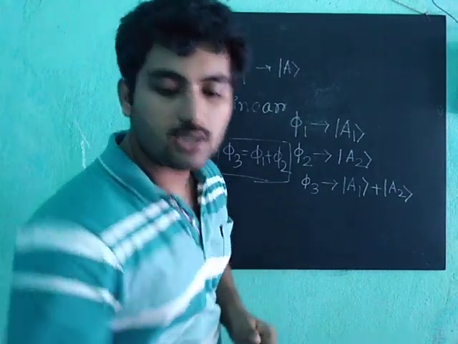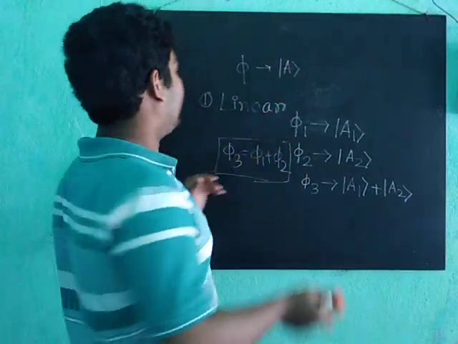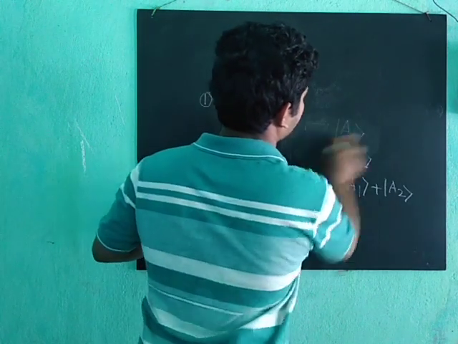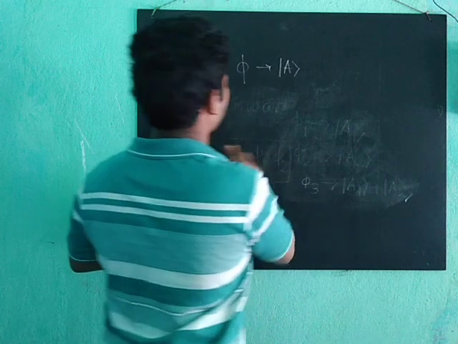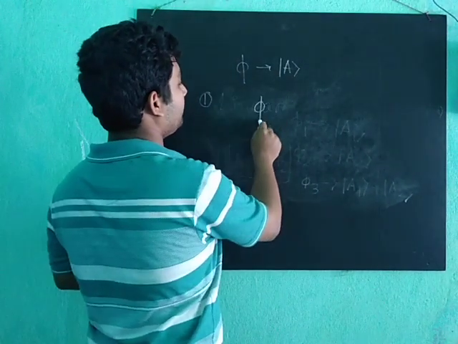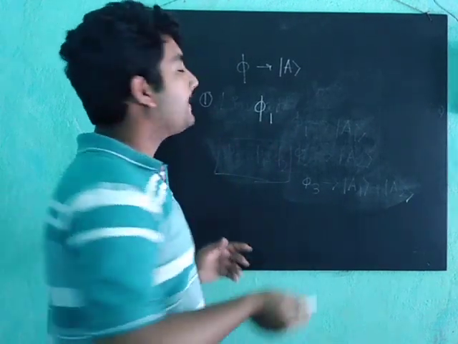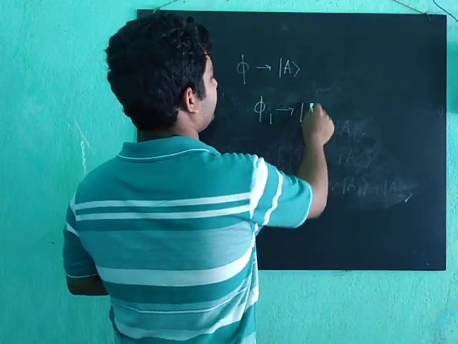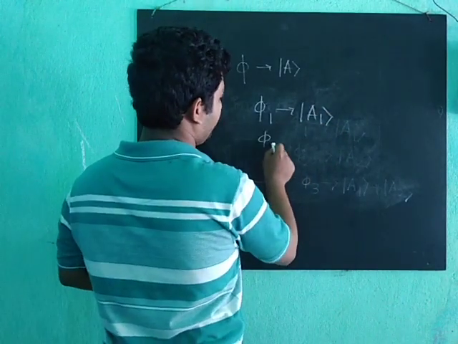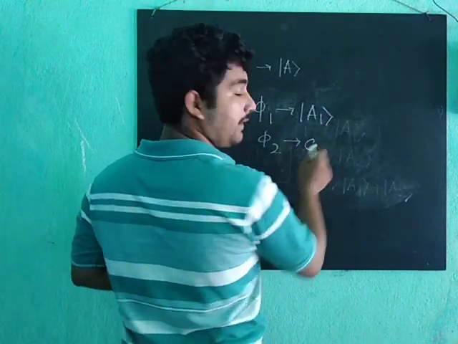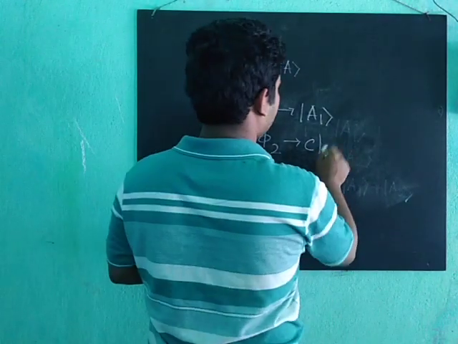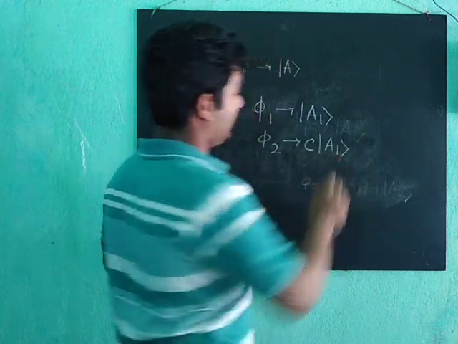Now the next property of phi is that suppose phi1 is a function of A1, and phi2 is a function of C times A1.